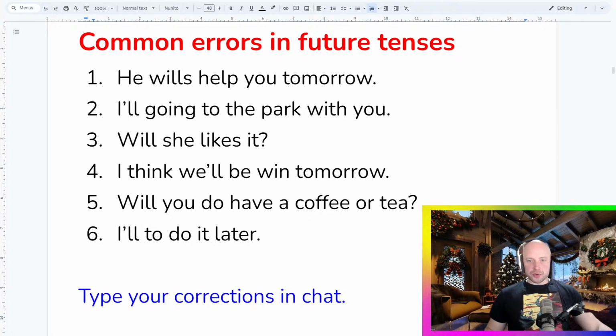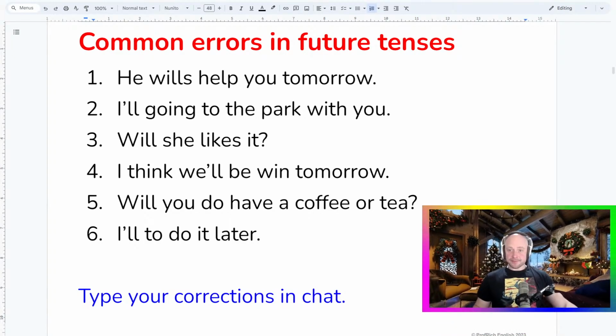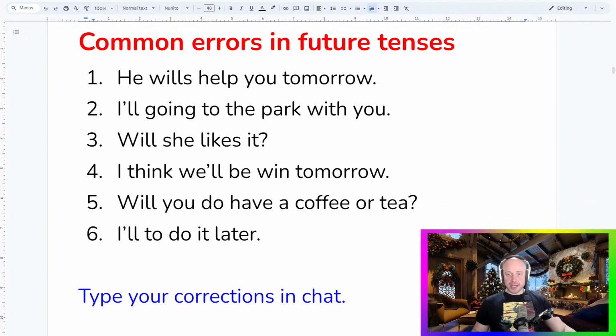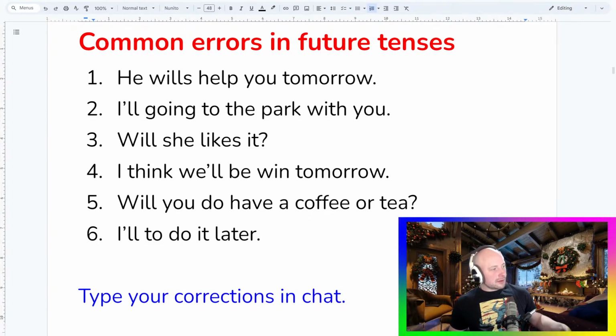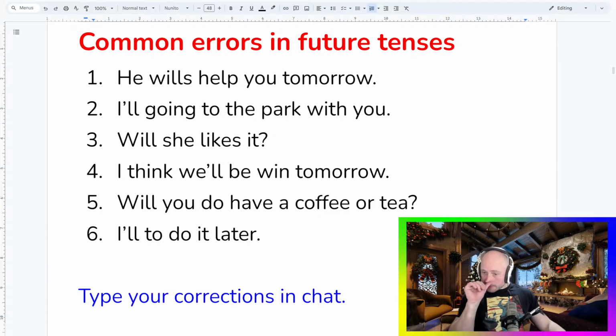These are what you could call English grammar errors. So in the chat, type your corrections for these English grammar errors. Future simple. Got a gunner as well, which looks a bit weird. Julia coming in straight away with an answer there.